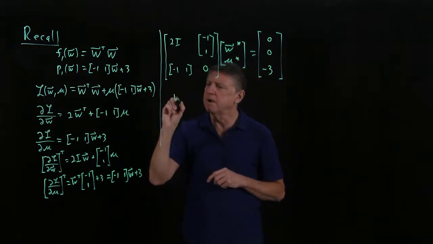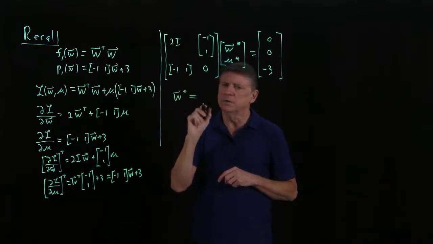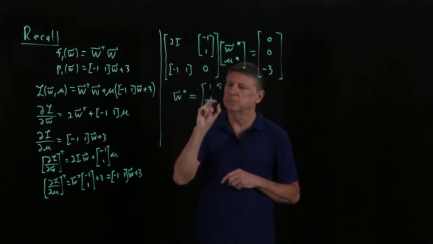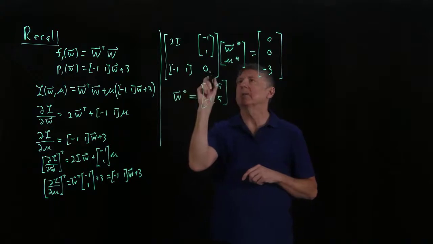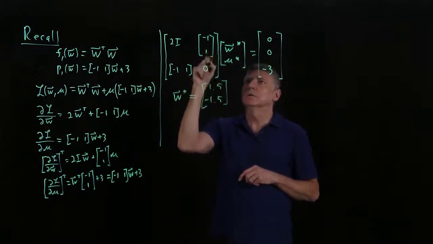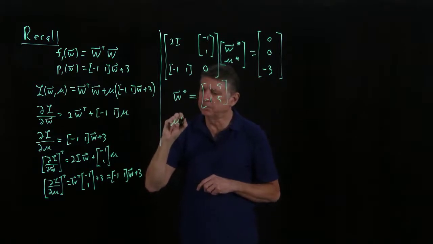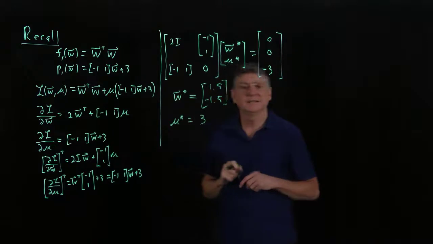What we'll find is that the optimal argument is 1.5, minus 1.5. Once we know that optimal argument, we can put it into one of these equations, and we can find that the optimal Lagrange multiplier for this problem is 3.